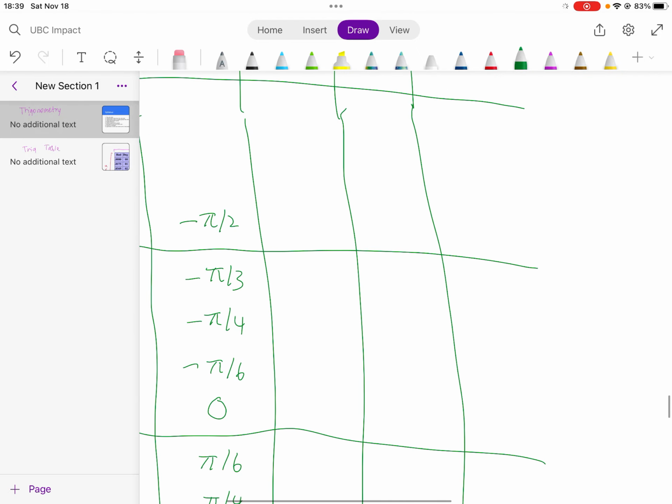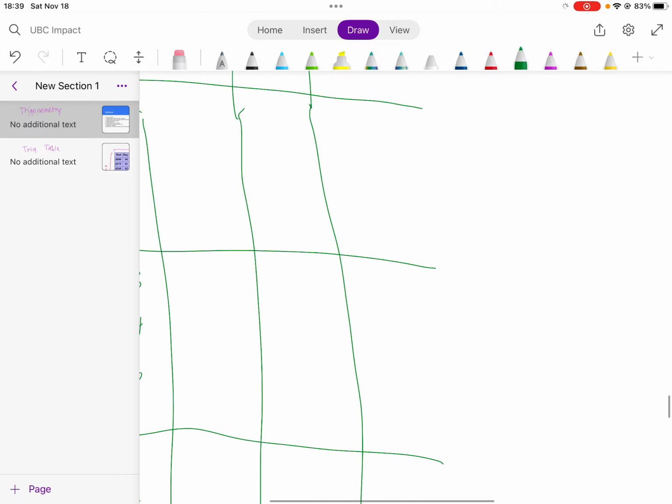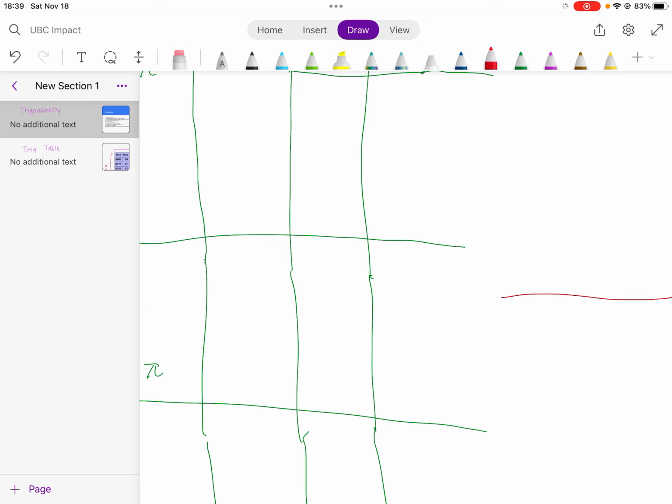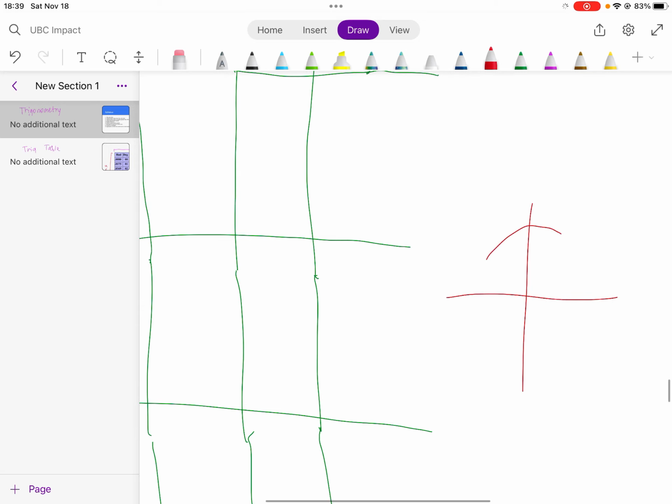Okay, let's take 0 degrees. So we have our trusty unit circle, and our angle is 0. So here we have x, y. Because the radius is 1, x has to also be 1.